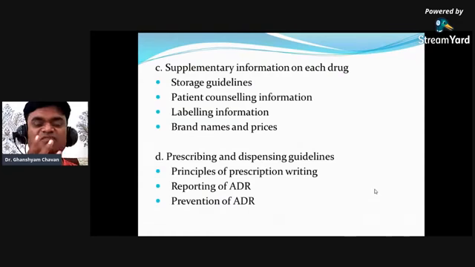Now, there are three different things which need to be mentioned here. First is the title, second is the body, and third is the closing. In the title, the name of the hospital or doctor, and the date. After that, you can go for the patient's name, then the patient's age and weight.